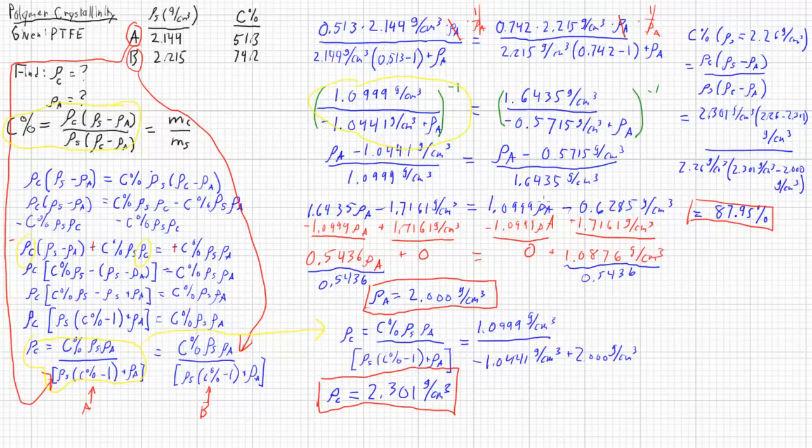After much labor, we solved for the density of the amorphous component and then went back and solved for the density of the crystalline component. Using those values, plug them back into this formula to find the crystalline percentage of a completely different sample. And therefore we could find the crystallinity percentage of any sample now that we have these two values.